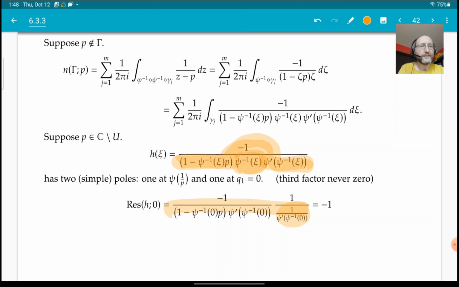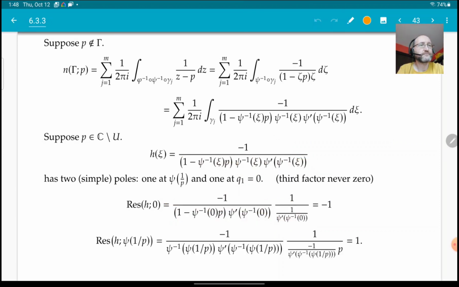Because this was 0, so this is 1, right? This thing and this thing cancel, right? This thing over here, and we have -1. Oh yeah, great. So -1.